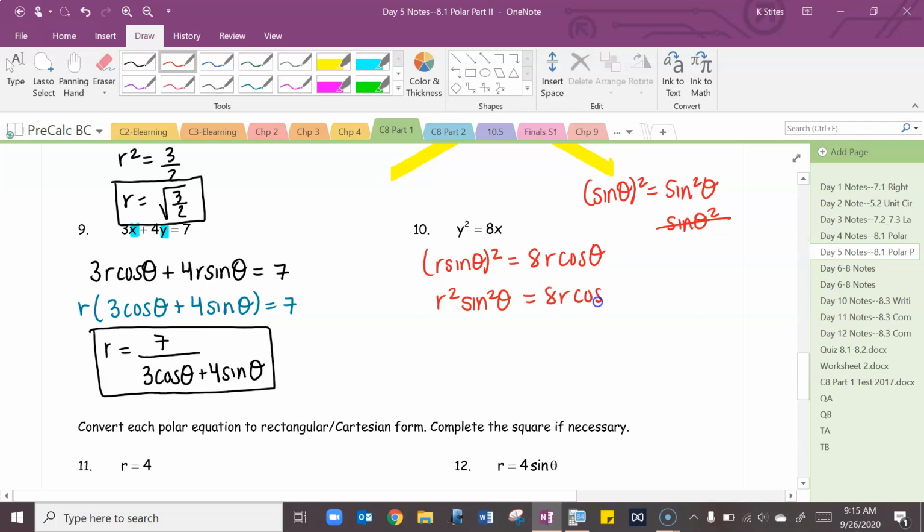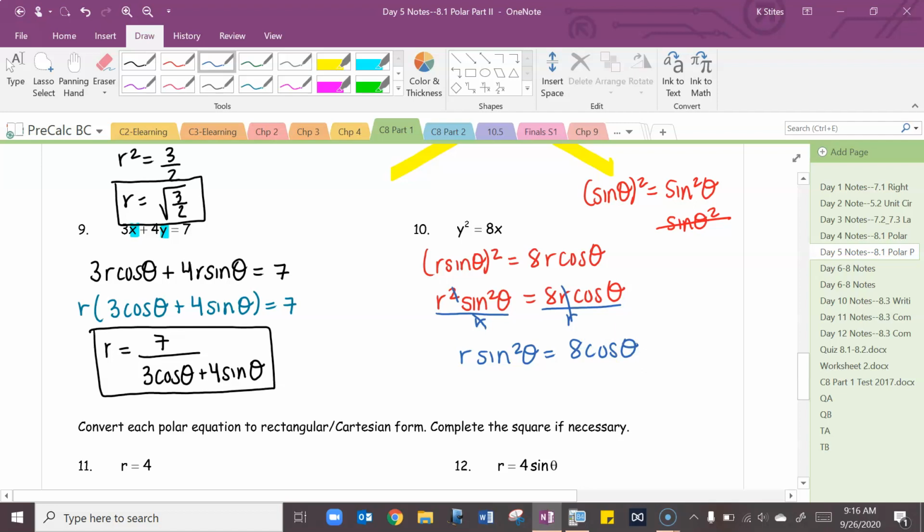Okay, so one thing we can do now that you may see is divide by an r on both sides. The reason that helps us is it cancels our r there and it gets rid of an r there as well, which gives us this.